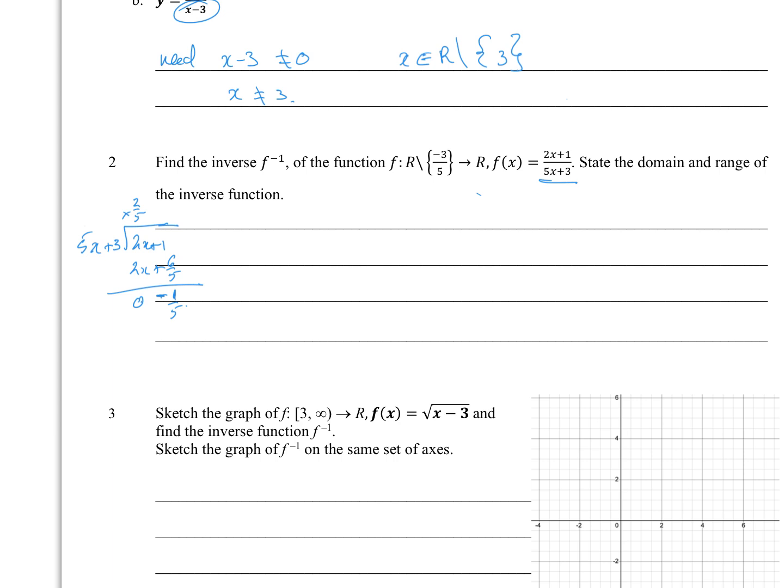So I end up with 2/5 remainder negative 1/5. So that means I can write f of x equal to 2 on 5 minus 1 over 5 times the denominator, 5x plus 3. Okay, that looks messy, but it's a messy question.